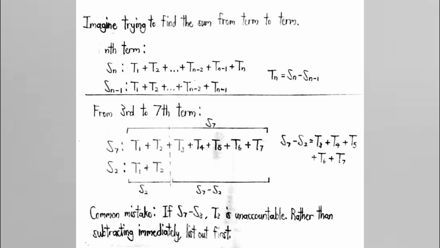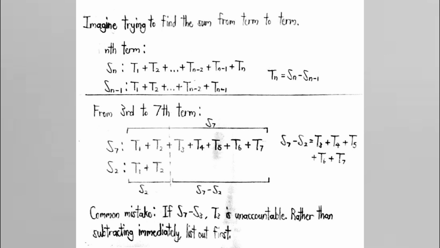If you want to find the sum from the third to the seventh term, first all you need to do is list out S7 and S2. This will give you a block consisting of a chain of expressions, and you can immediately see that S7 minus S2 is the sum from the third term to the seventh term.